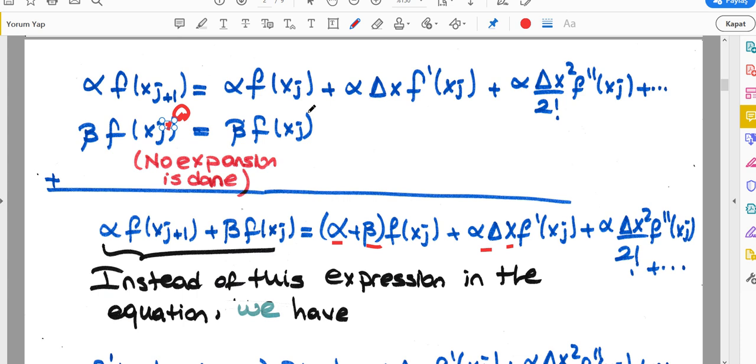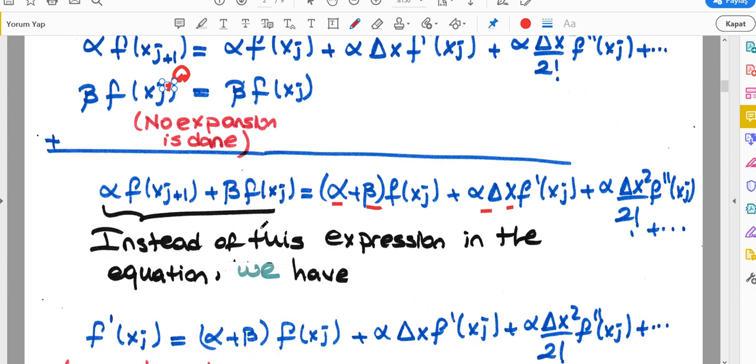So after rearranging them, what do you want to get? You are trying to obtain that this summation will return me f derivative at xj. I wish to obtain it, okay? This is my objective.